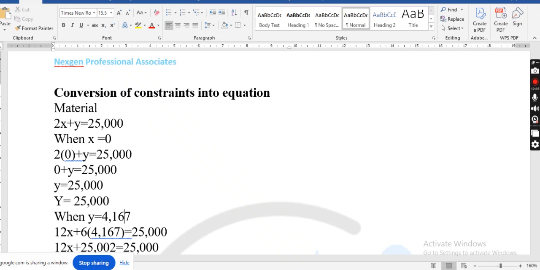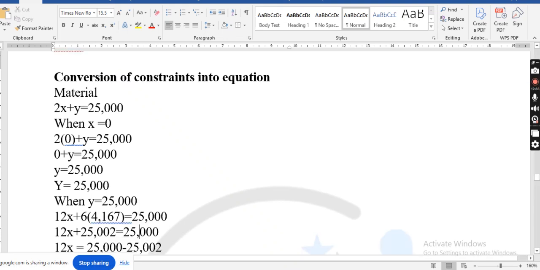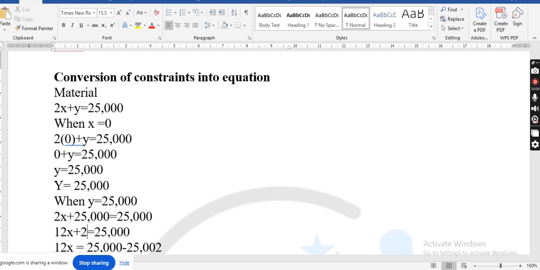Then when y is equal to 25,000, what is x? So this will be 2. 1y is 25, so we can change it to 25.